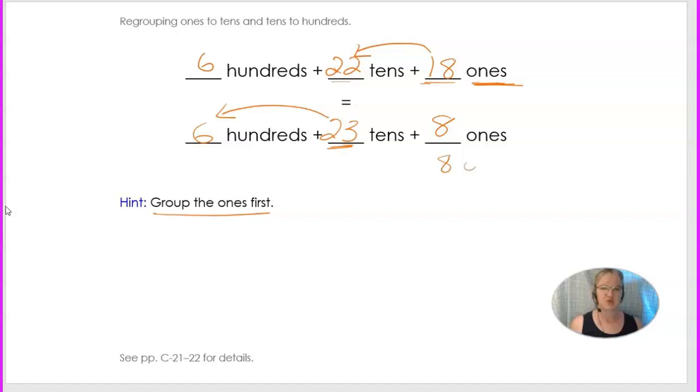We'll make do. 8 ones. We're going to leave our 3 tens here, moving our 2 over because this is 200. 2 tens is 200. 6 plus 2 is 800. So this ends up to be 838. And make sure you don't get confused here about this O, because it's not a 0, it's an O for ones, right?